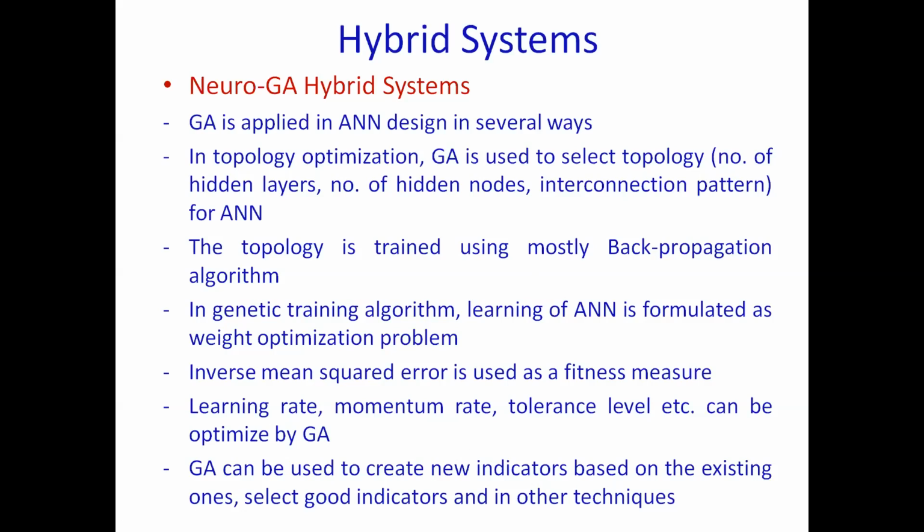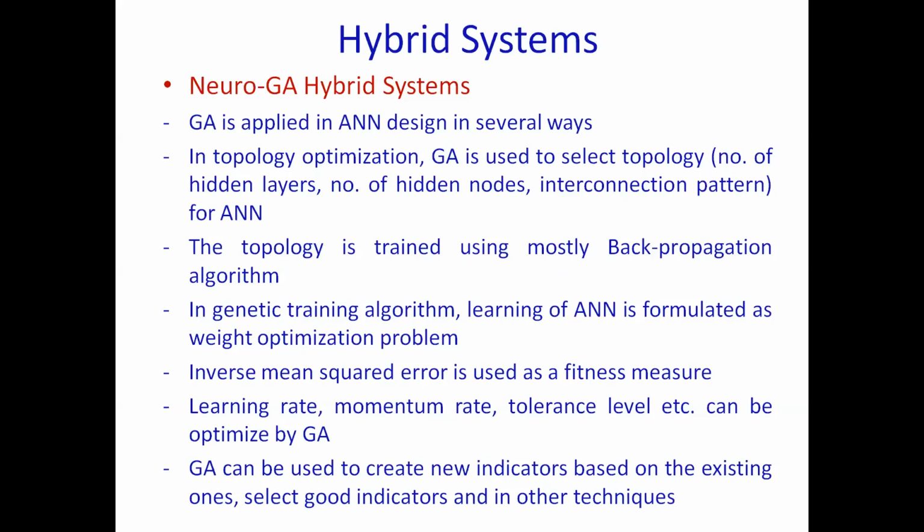In addition, genetic algorithms have been used in many other innovative ways, so that we can create new indicators based on the existing ones, select good indicators, evolve optimal training systems, and complement other techniques such as fuzzy logic.